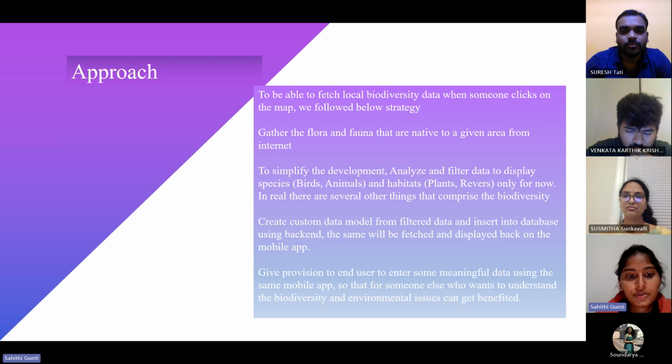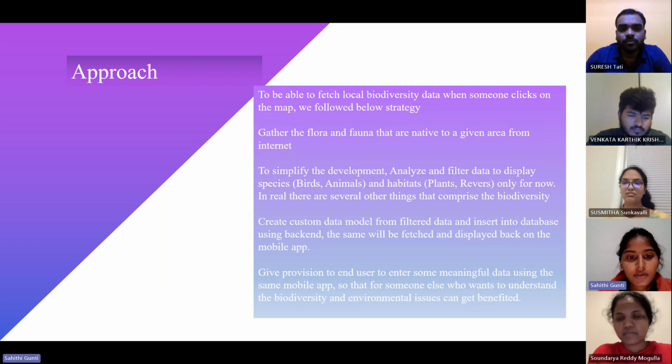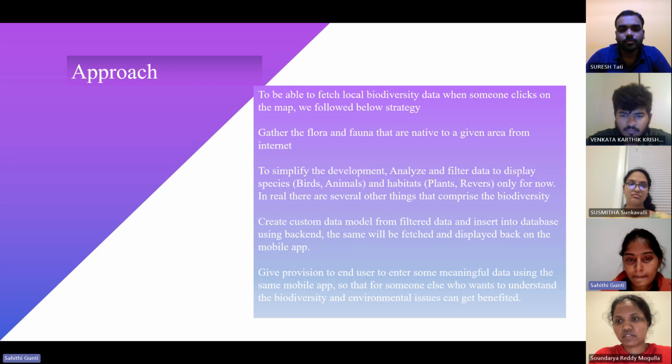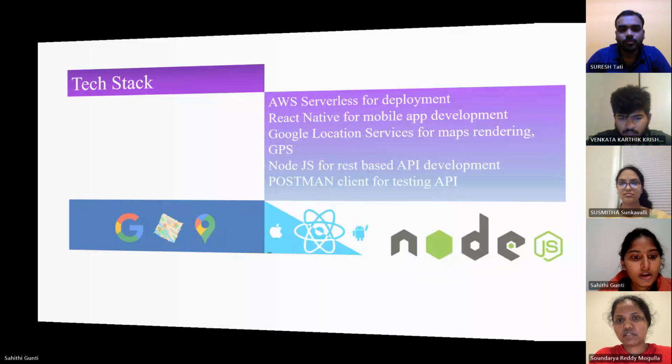Whenever a user taps on a specific location, we get the longitude and latitude of that location, fetch the data from the database with these values, and display it on the application.